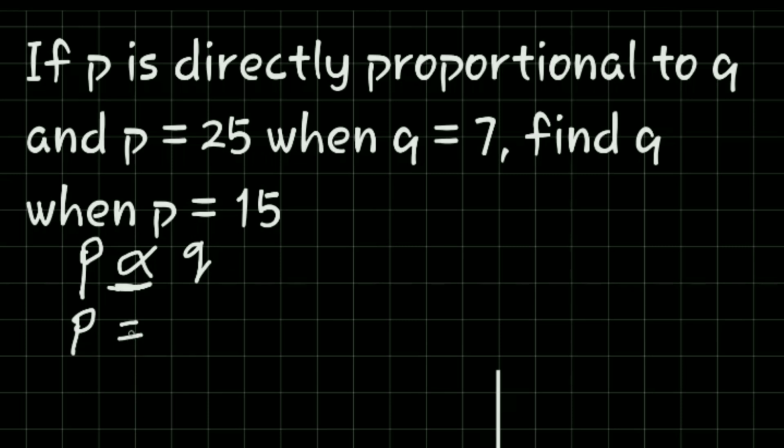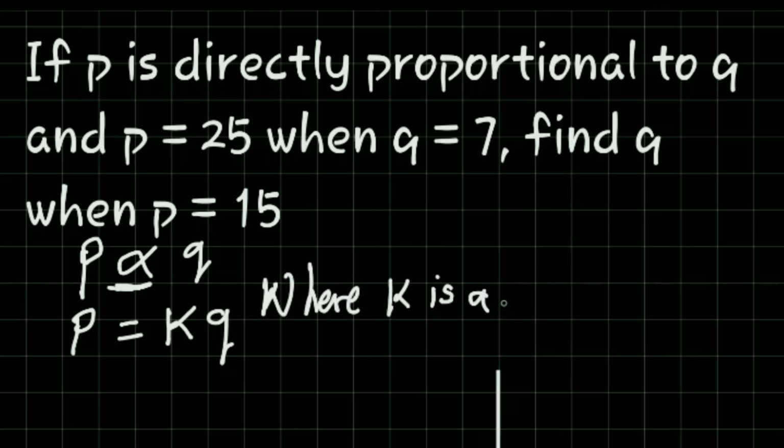Once we change it to an equality sign, we introduce a constant term, because in a relationship between two or more variables, there is this constant proportionality. So we introduce a constant term, and then we have our Q. It's important we write this here, where K is a constant.